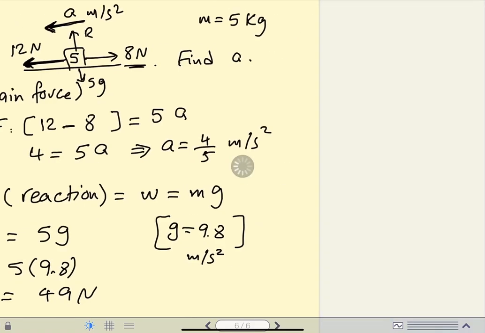Let's do another example. Example 2. This is a particle of 5 kilograms moving in this direction.